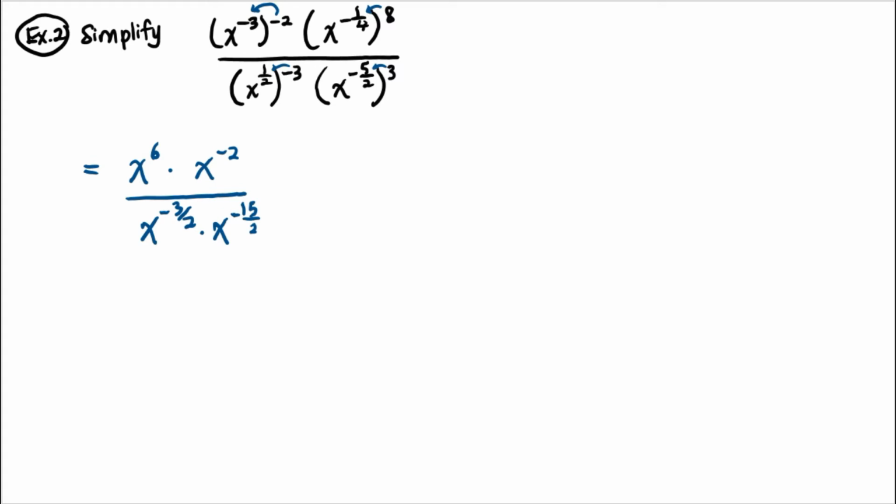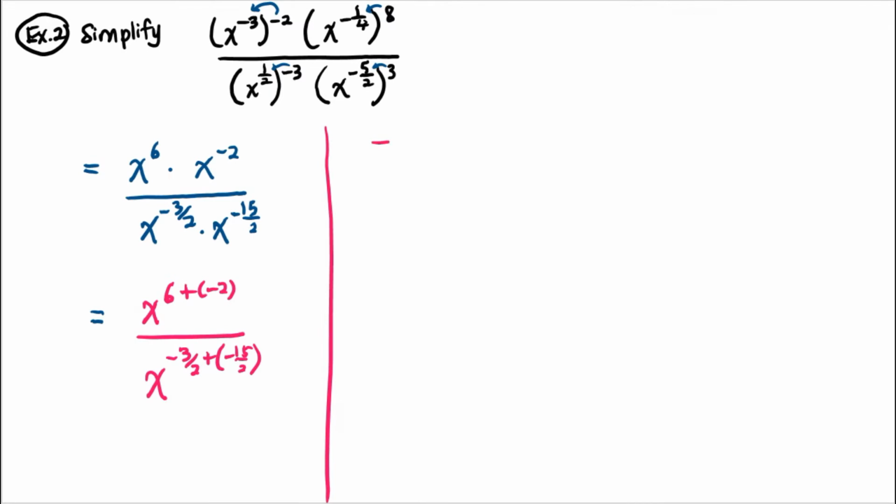So if you want to combine the one at the numerator together with the one at the numerator, and the one at the denominator with the one at the denominator, you also can. So you have something like x to the power of 6, multiply will become plus with a negative 2. And now at the denominator, I will have x to the power of negative 3 over 2 plus with a negative 15 over 2. Now we want to simplify this.